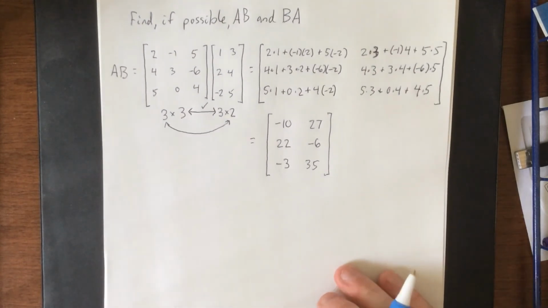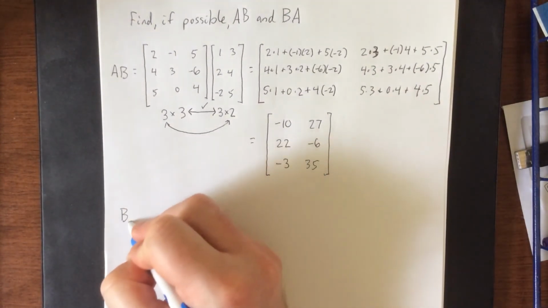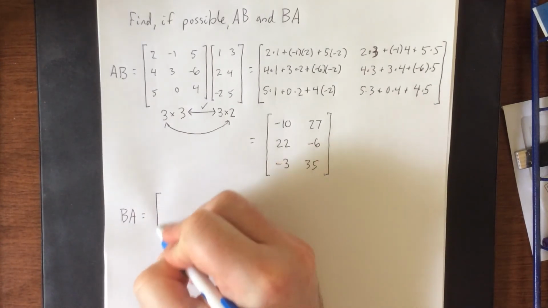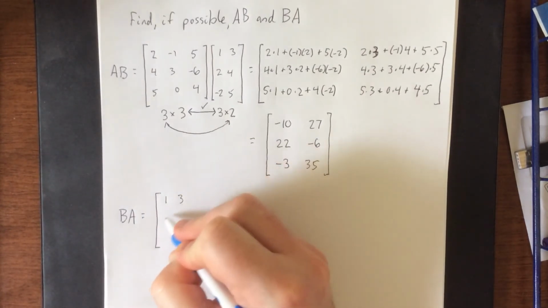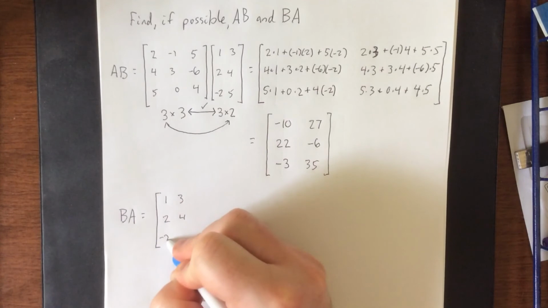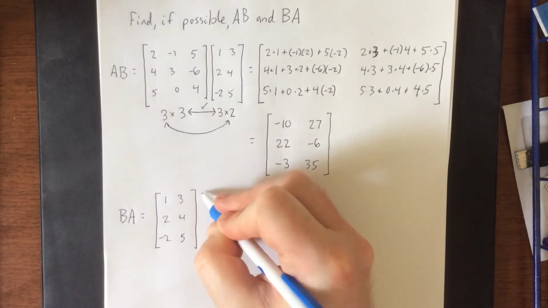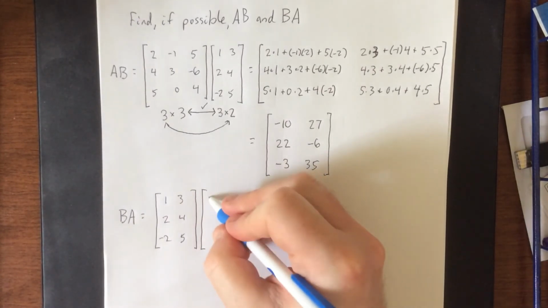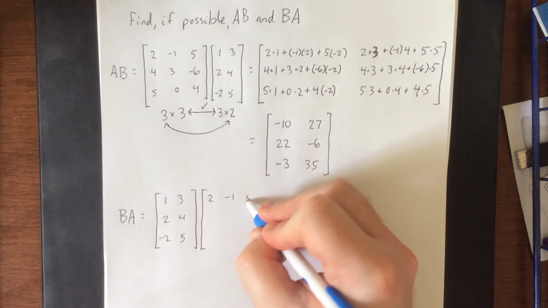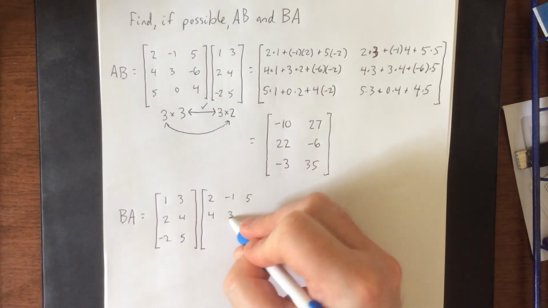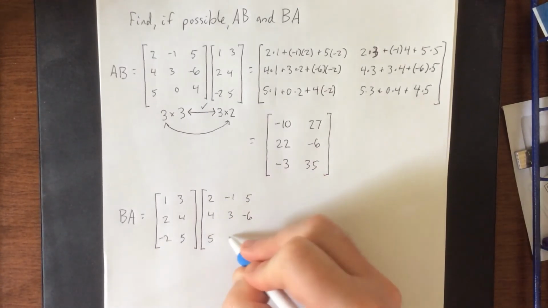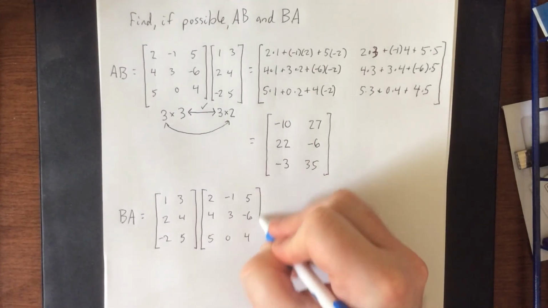Now BA is going to be considerably shorter. Reason being, if I copy down matrix B, which is 1, 3, 2, 4, -2, 5, and copy down the matrix A, which is 2, -1, 5, 4, 3, -6, 5, 0, 4.